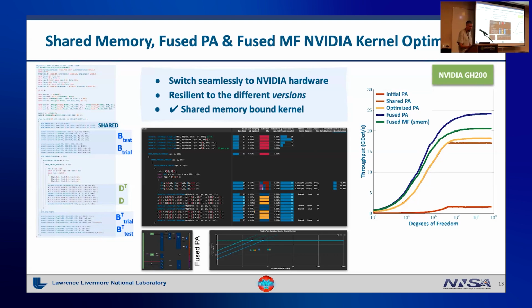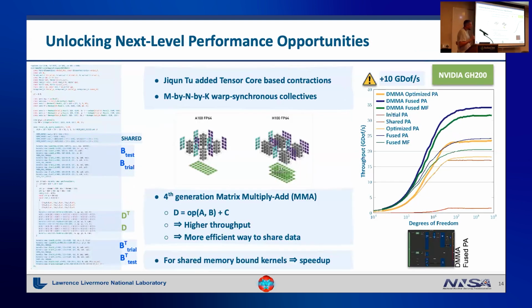So that was nice. The last thing that I want to emphasize is the work that has been done in collaboration with NVIDIA and Jiqun Tu. He revisited the use of tensor cores for these contractions. The tensor cores do m by n by k matrix operations like the MMA, or DMMA for FP64.